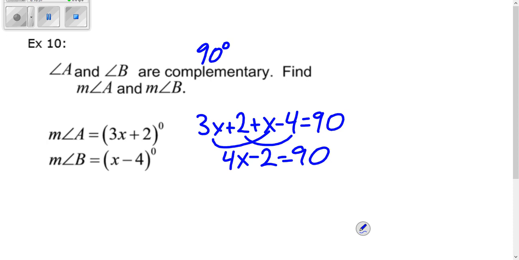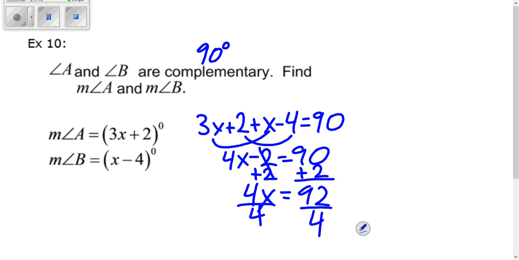We want to get x by itself, so move the 2 over, add it over to the other side. And then divide by 4 on both sides. So x will equal 23.